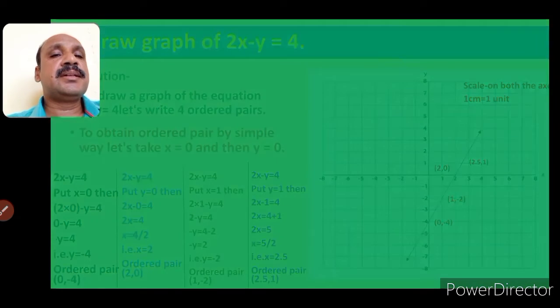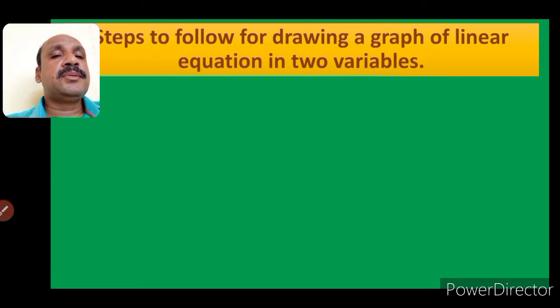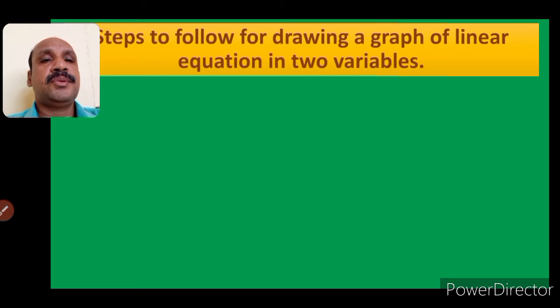Now next, we know we are finding the ordered pairs to draw the graph. There are some steps to follow for drawing a graph of a linear equation in two variables.